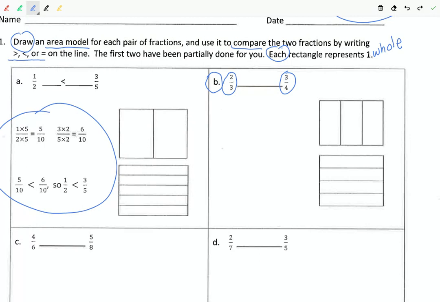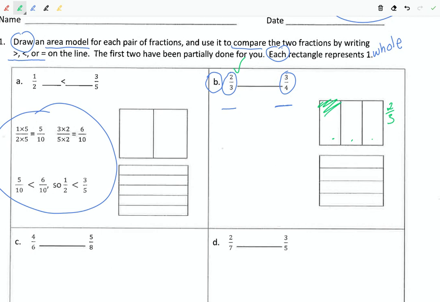So I am going to go ahead and prepare the space here. Okay, and this is where I am going to put the new fractions that I will make. So I am going to use these two models here on the right side. It seems to me that the first one is going to represent the first fraction, 2/3, because I noticed 1, 2, 3 units inside of the one whole.